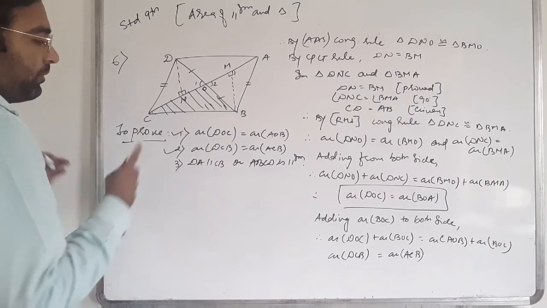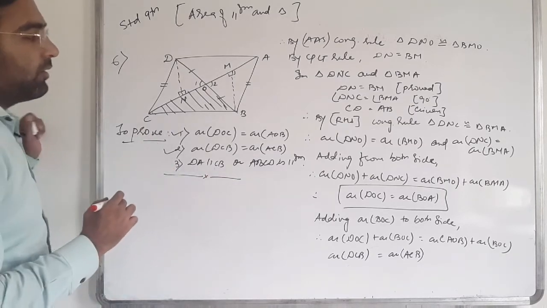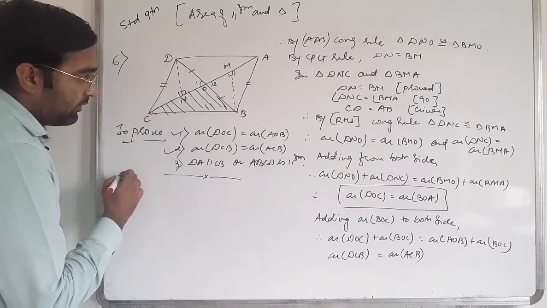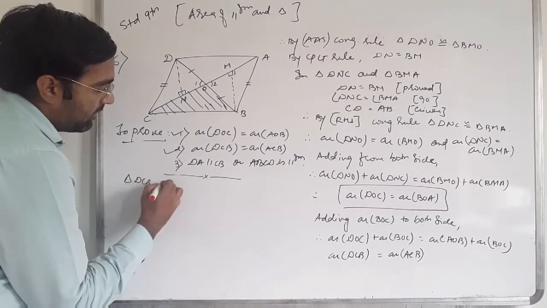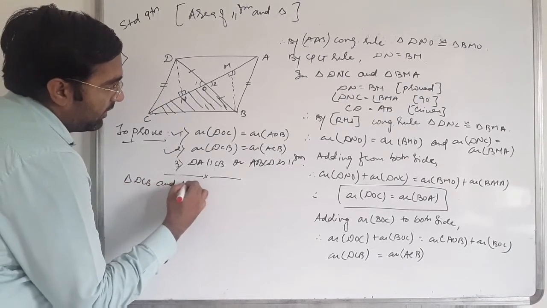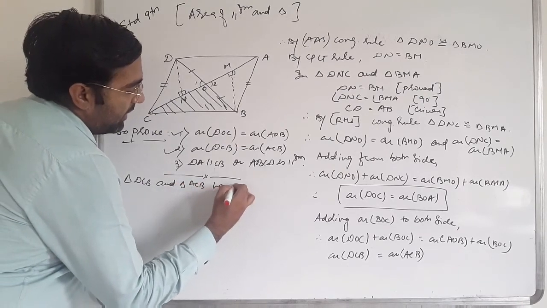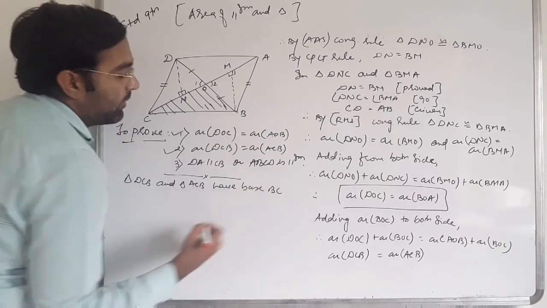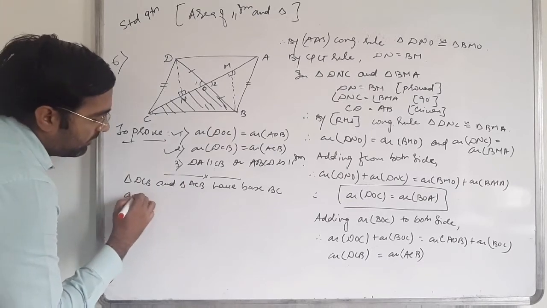So now, triangle DCB and triangle ACB have the same area and the same base BC.